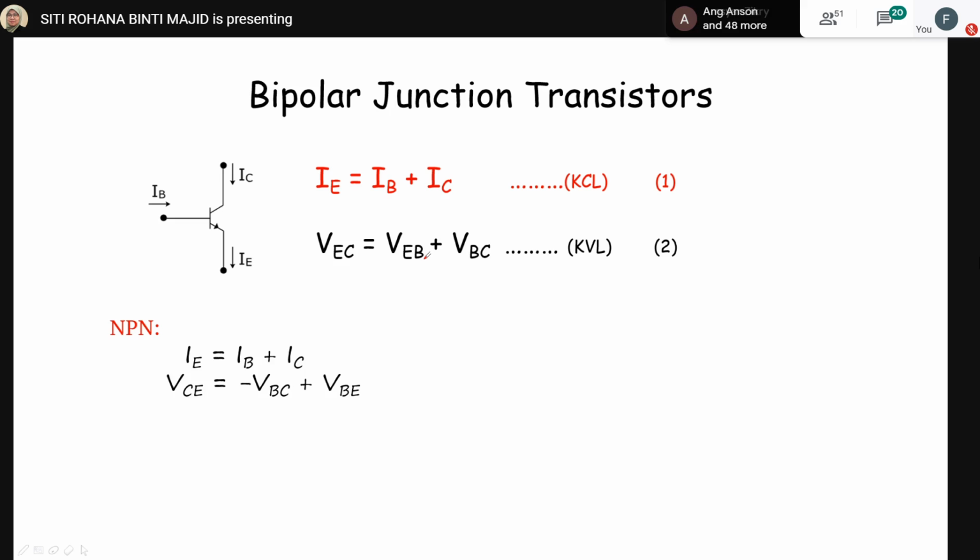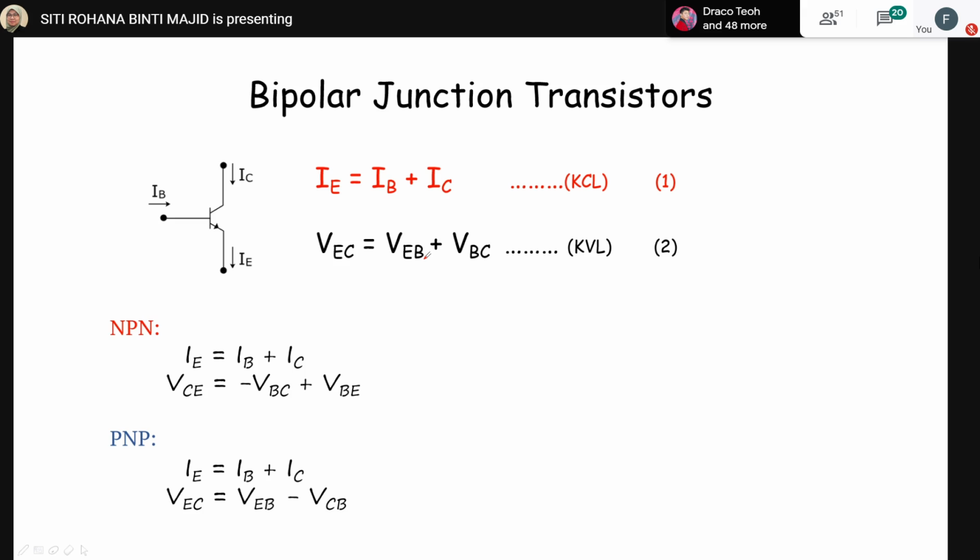Now I want to highlight one thing. For the current, whether the configuration is NPN or PNP, the equation is the same. But the voltage notation for NPN and PNP is different.